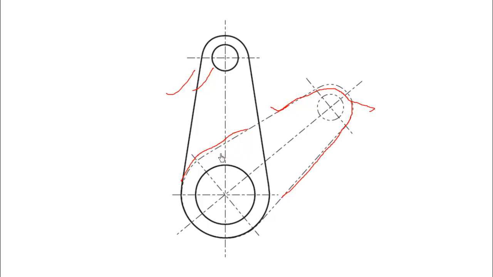Here you can see one big dash, then two small dashes. Dash will be the appropriate word. This is how this phantom line has been shown. And now you can see the center line also: big, small, big, small, big, small. So this is the center line and this is the phantom line.